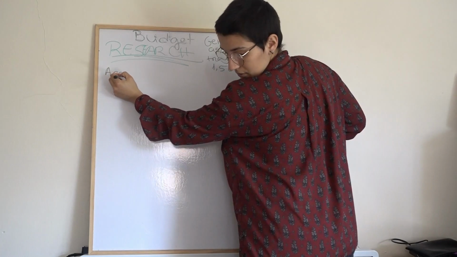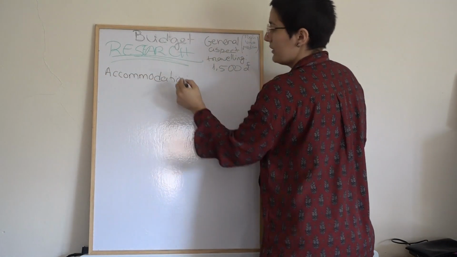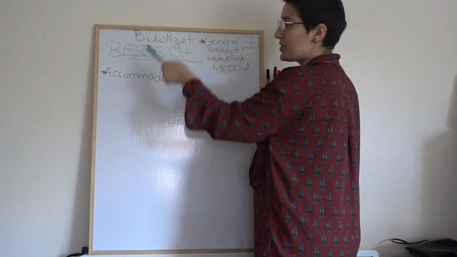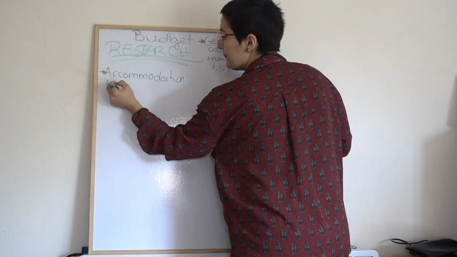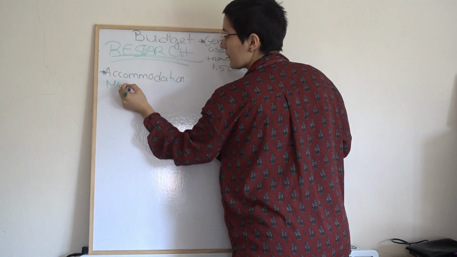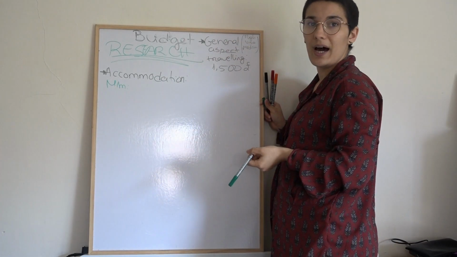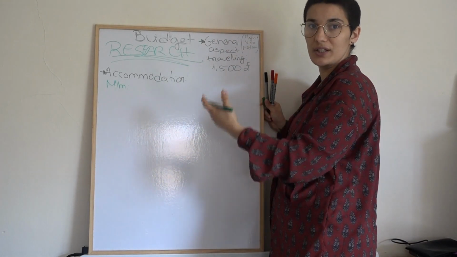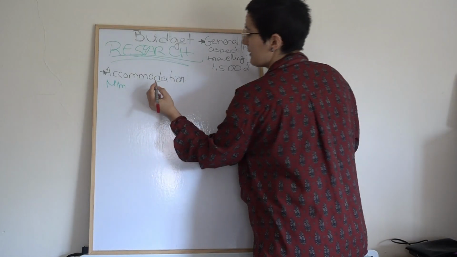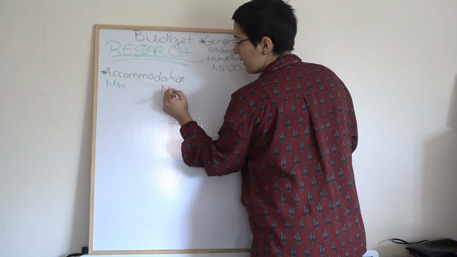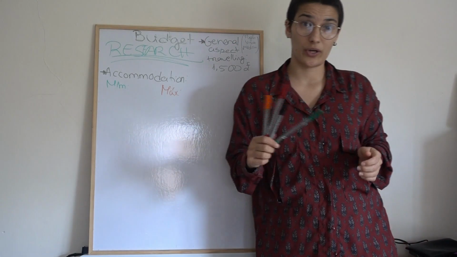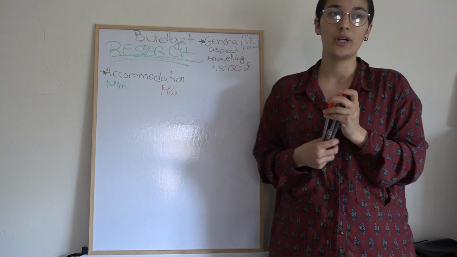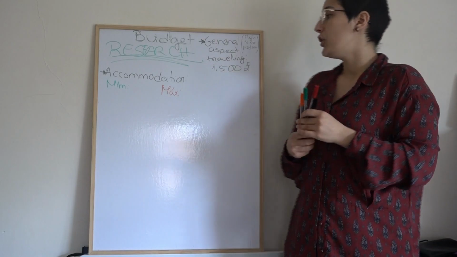So now, accommodation. I do my research, and what I do is the minimum that I would pay for accommodation in Thailand, and the maximum I would pay for accommodation in Thailand for one night. Okay, this I always do for a day normally.